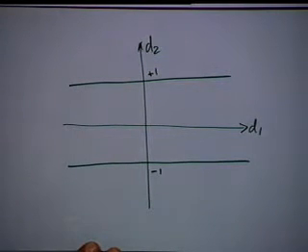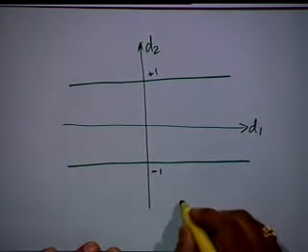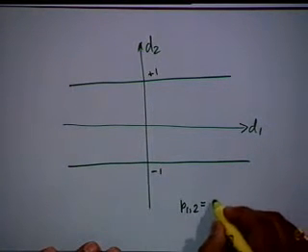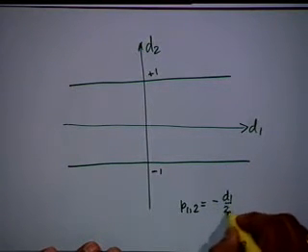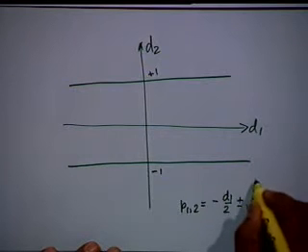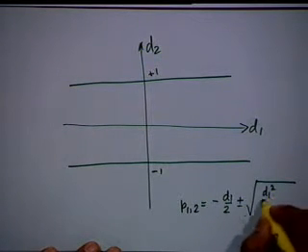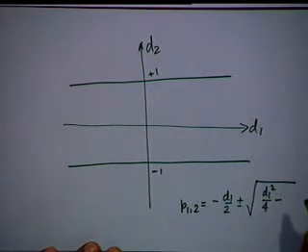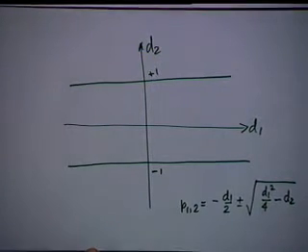Now, there are two possibilities. The poles can be real or poles can be complex. In either case, p1,2 shall be equal to minus d1 by 2 plus minus square root of d1 squared by 4 minus d2.